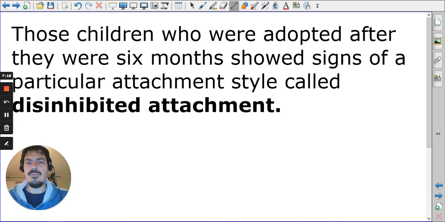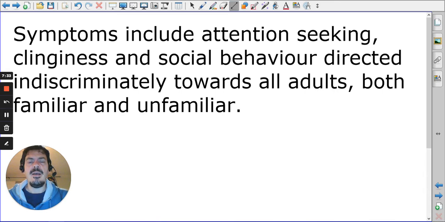Now, if you're adopted after 6 months, you also had another effect, and this was called disinhibited attachment. Okay, and so obviously looking at the word disinhibited, this is the form of attachment in which you don't seem to have too many boundaries.